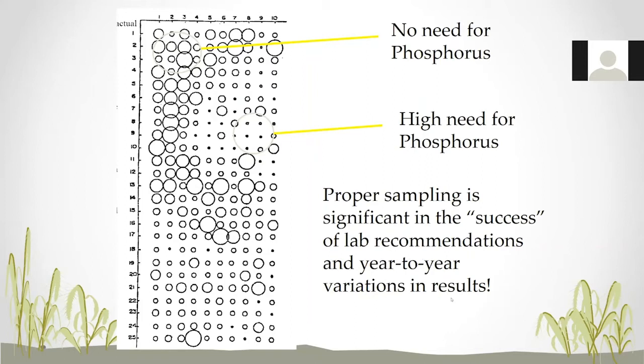For comparison year to year, I might end up taking a sample in a different area, and I'm going to wonder why the lab gives me such a different result in a subsequent year than it had in a previous year. A lot of times it's because we have these patterning overlays that we haven't taken into account in our sampling.